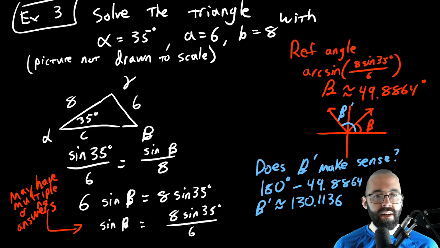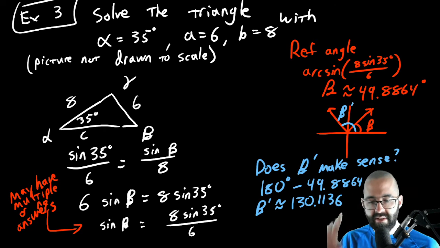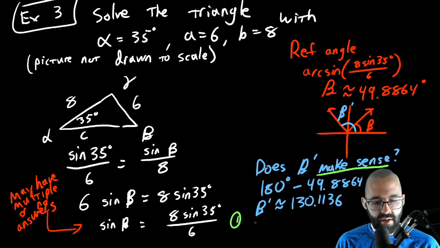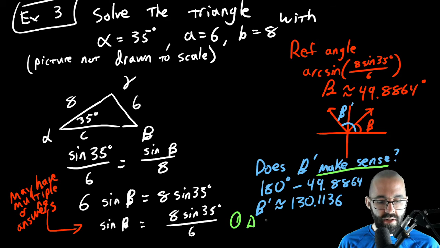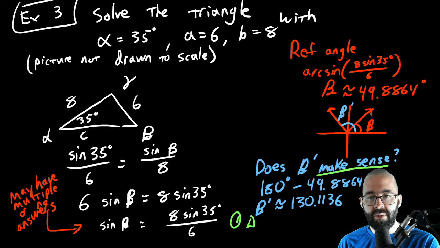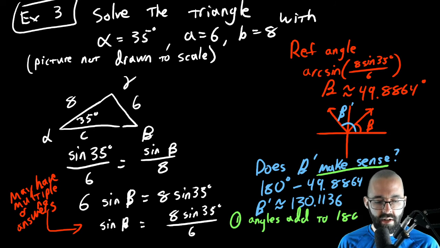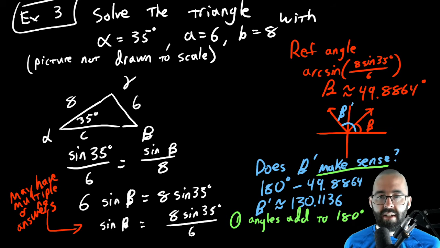And what we're going to look at here is two things. All the angles in the triangle have to add up to 180 degrees. So if beta prime exists, can we still add to 180 degrees?